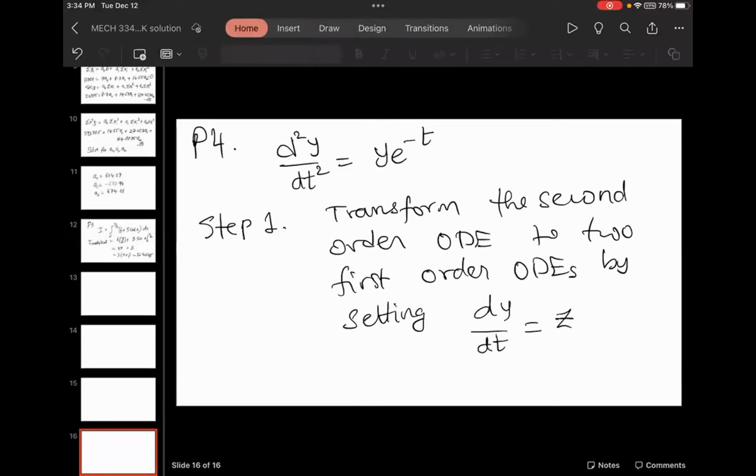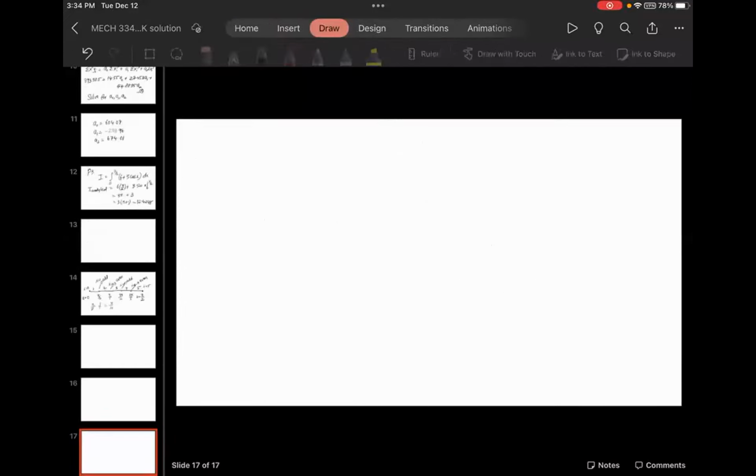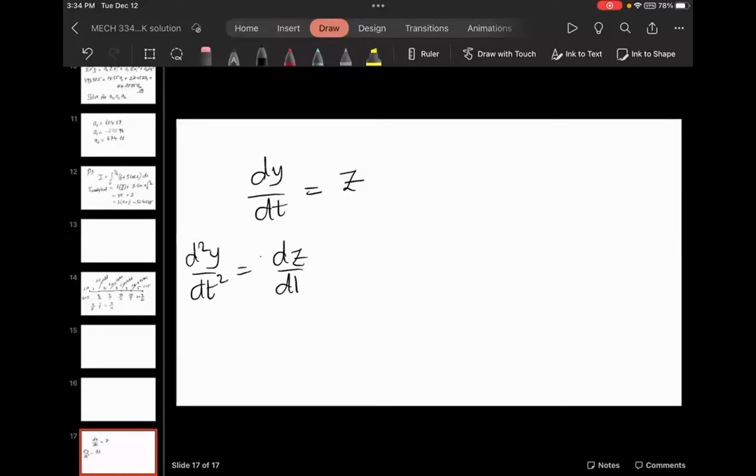If you do that, you're going to get dy over dt equal to z, and d squared y over dt squared is nothing but dz over dt equal to y e power minus t. We can generally say this is a function of time, y, and z. So those are your two equations.